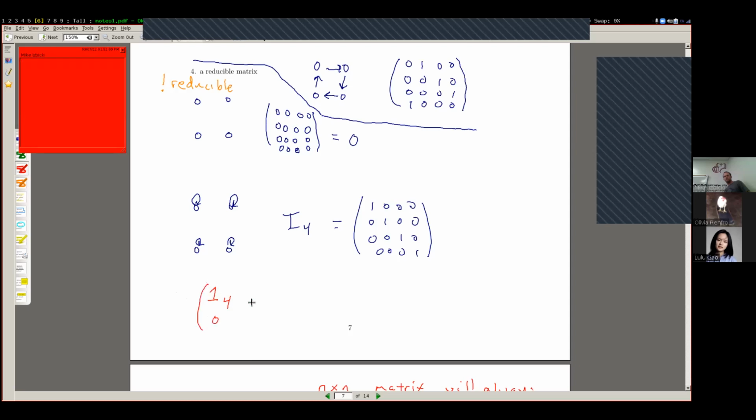Add zeros over here and a 0 over here. That's equivalent. So this is the actual matrix. The graph itself is our fully connected graph plus some additional node that's not connected to anything, which makes things reducible.